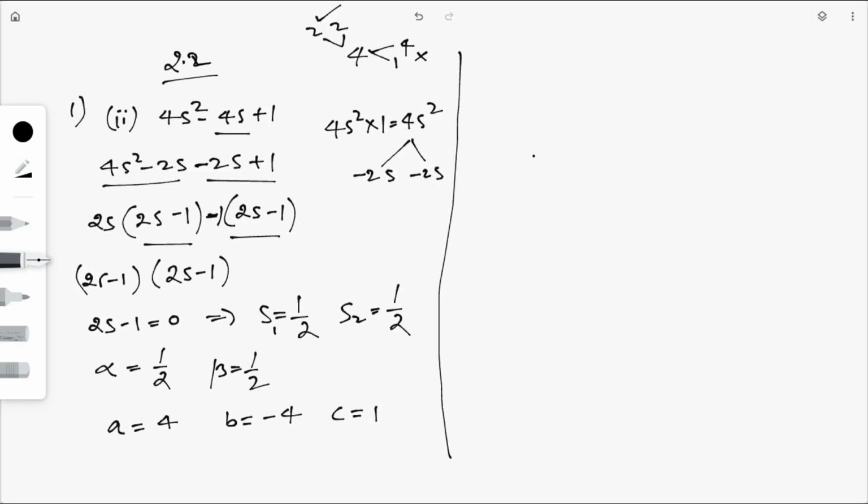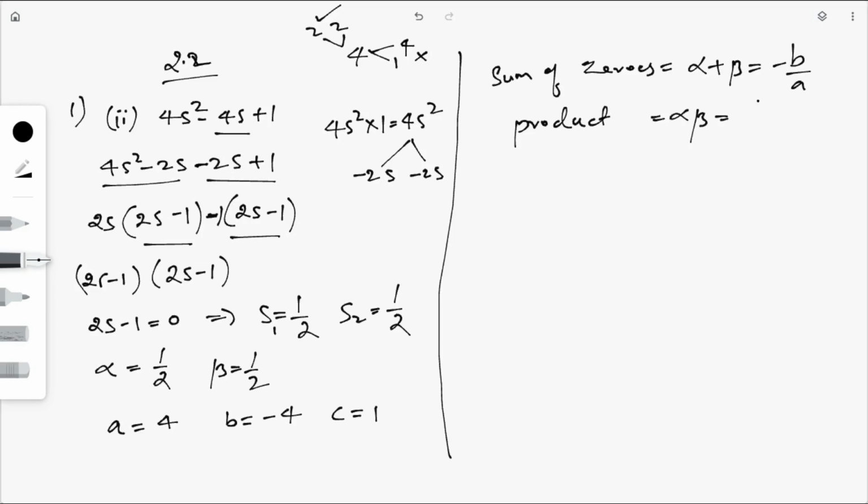So we got the zeros and the coefficients. Let's verify the relation between these two. What is the relation? Sum of the zeros, alpha plus beta, is equal to minus b by a, and the product of the zeros, alpha beta, is c by a.